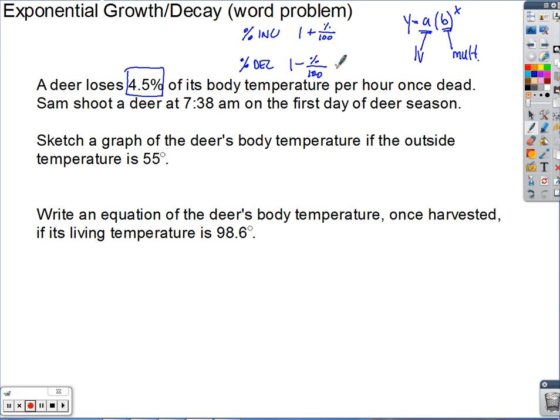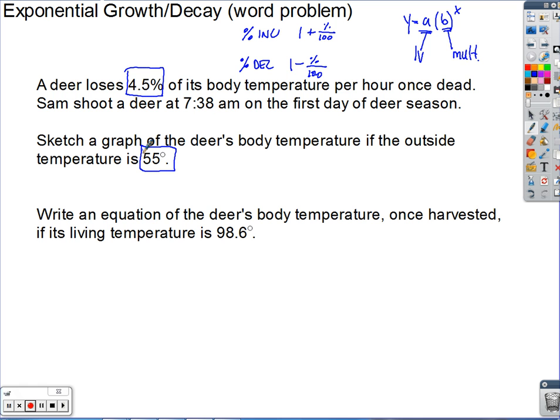Okay? A deer loses 4.5% of its body temperature per hour once dead. Sam shot a deer at 7:30 a.m. on the first day of deer season. Sketch a graph of the deer's body temperature if the outside temperature is 55 degrees. This is important because in an exponential function, the temperature is never going to go below what the outside temperature will be.